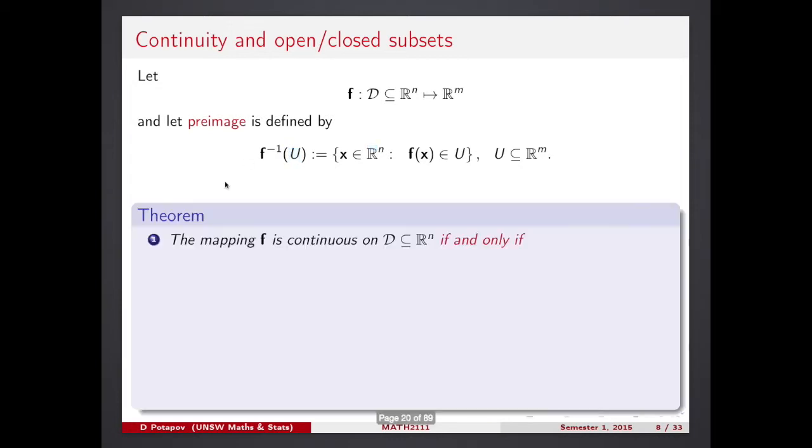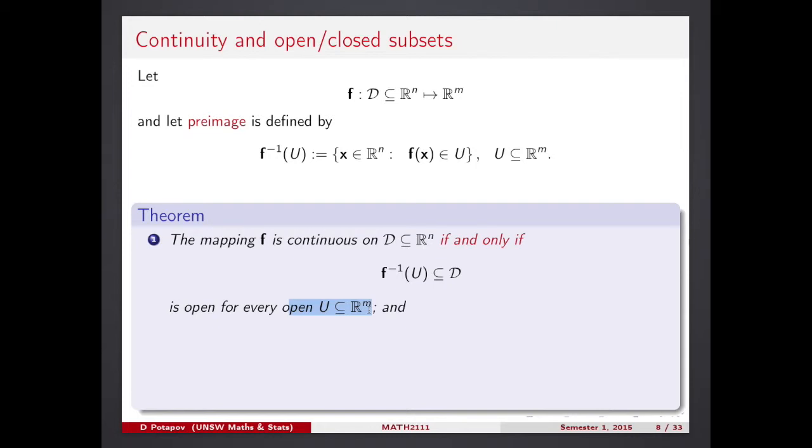Now the result I'd like to discuss with you is this one. The map F is continuous if and only if the pre-image of every open set is open by itself.